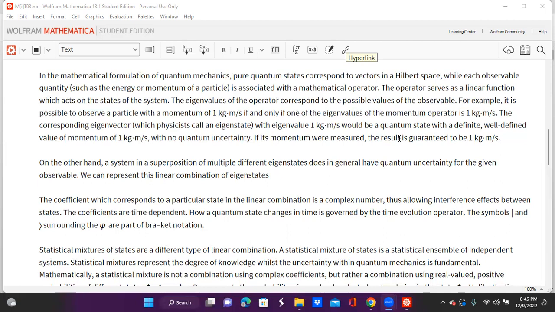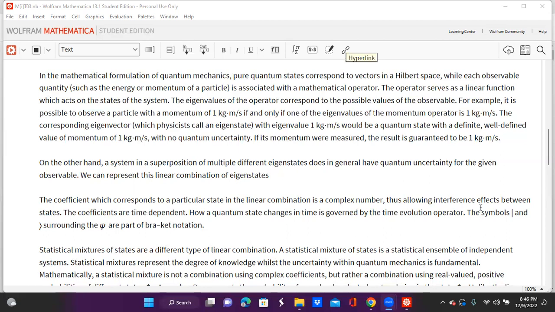The eigenvalues of the operator correspond to the possible values of the observable. For example, it is possible to observe a particle with a momentum of 1 kilogram per meter squared if and only if the eigenvalue of the momentum operator is 1 kilogram meters per squared.